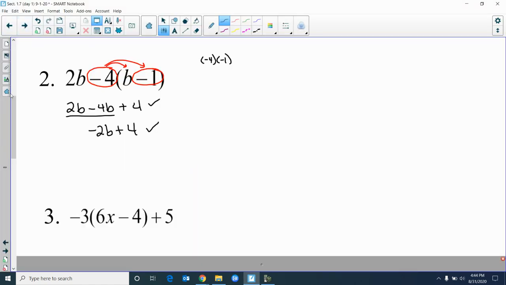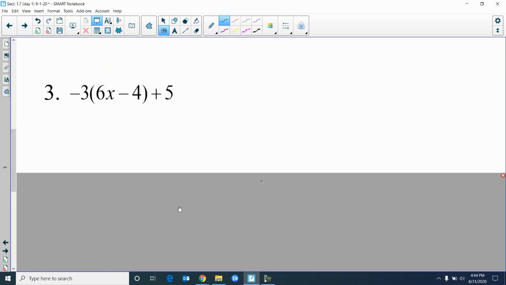Okay, now in this one here, negative 3 is going to distribute. And you're going to multiply negative 3 times 6x. Negative 3, treat that as a negative. Negative 3 times 6x is negative 18x.